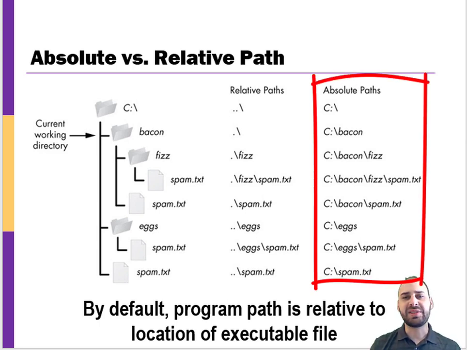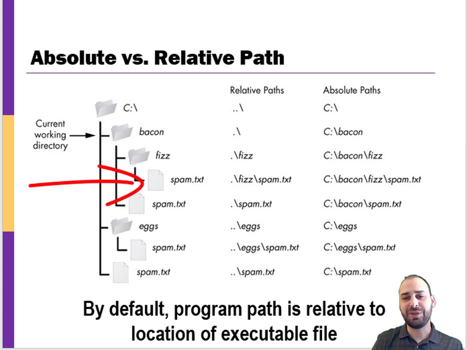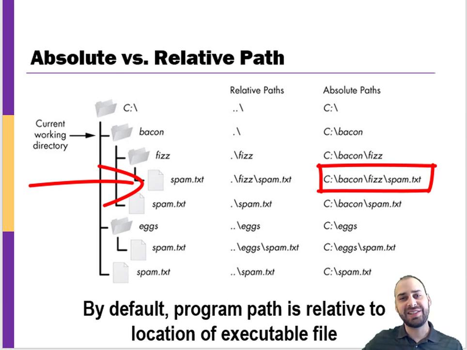Let's refer to the absolute path, okay? This is the location where that file exists, right? And we're giving the entire path location, the exact place in the hierarchy where it is. So if it's in the case of the bacon/fizz folder, for example, it's going to be c/bacon/fizz/spam.txt, okay?